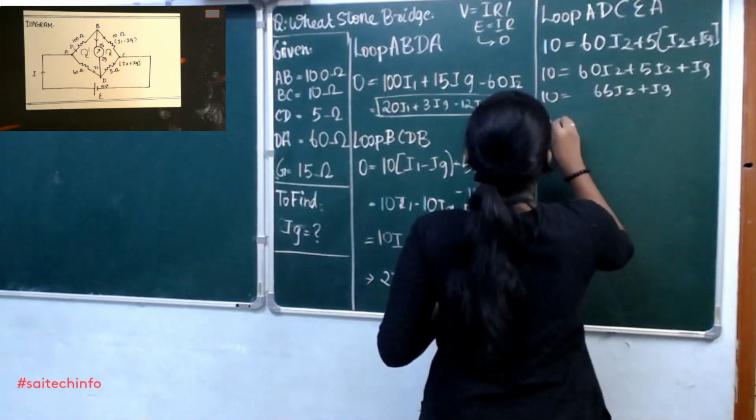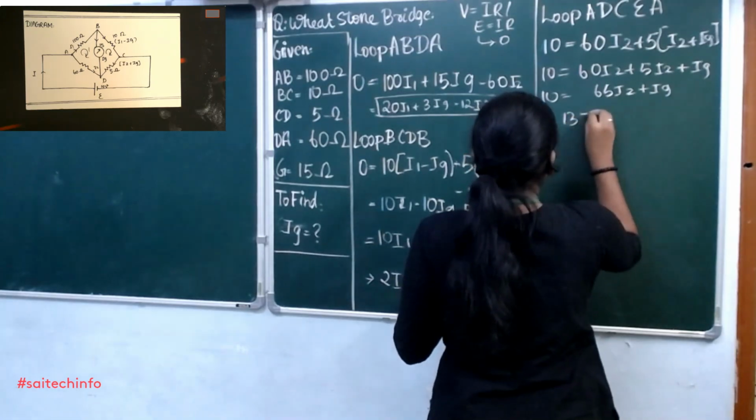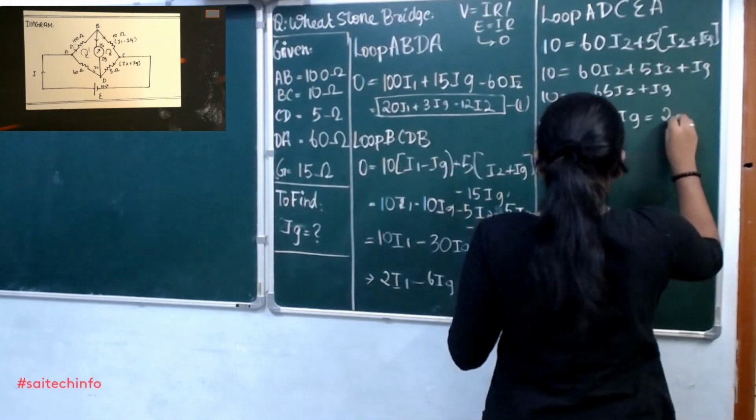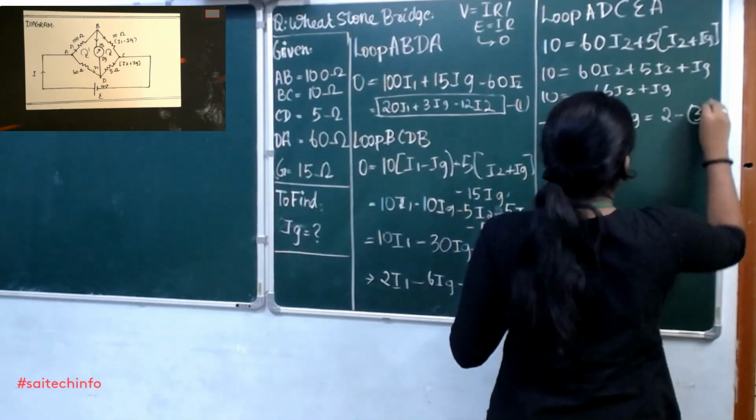This can be further simplified into 13 I2 plus IG is equal to 2. So this will be our third equation.